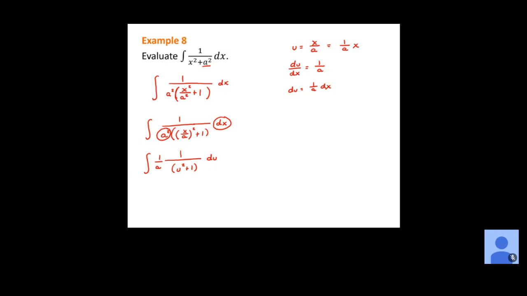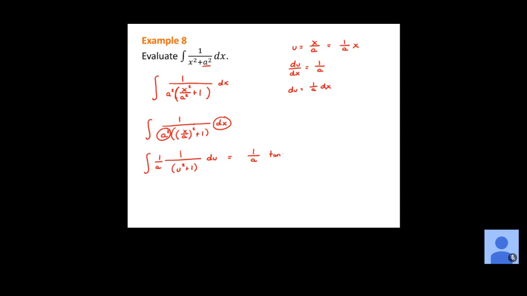All right, so now we have 1 over a, which is a real number. So when you find the antiderivative, we're going to keep that coefficient. What's the antiderivative for 1 over u squared plus 1 going to give us? That's our arctangent, right?